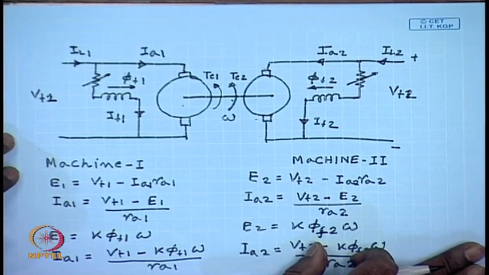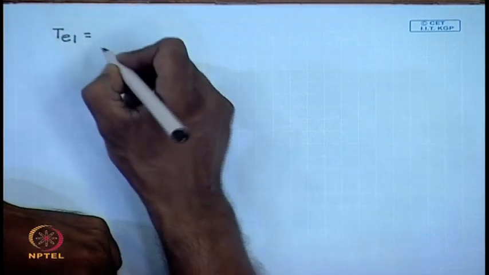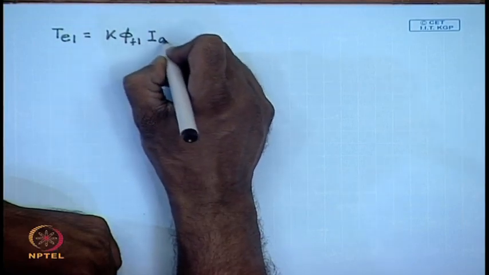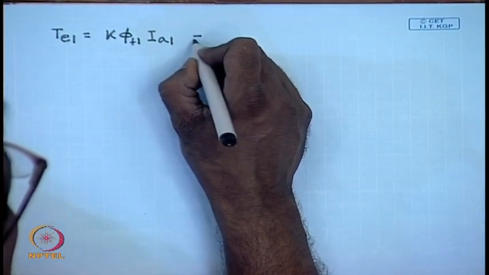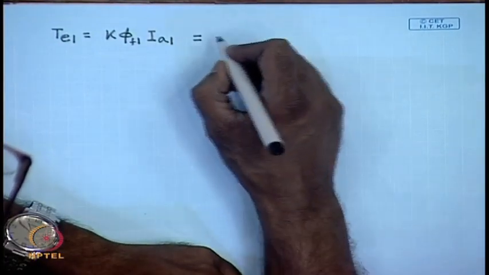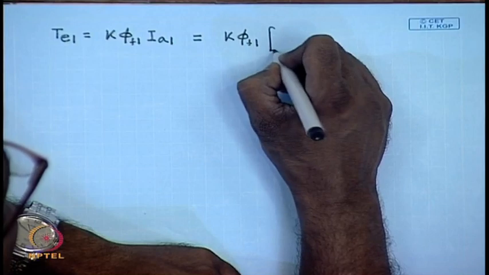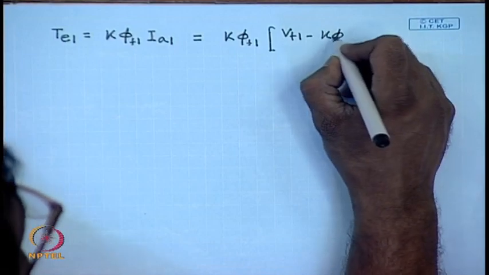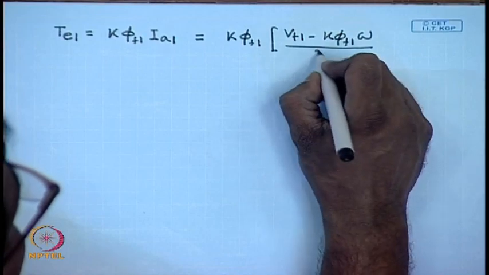Now, what are the torques T_E1 and T_E2? T_E1 equals K phi_F1 I_A1, this is equal to K phi_F1 and I_A1 is given by V_T1 minus K phi_F1 omega by R_A1.